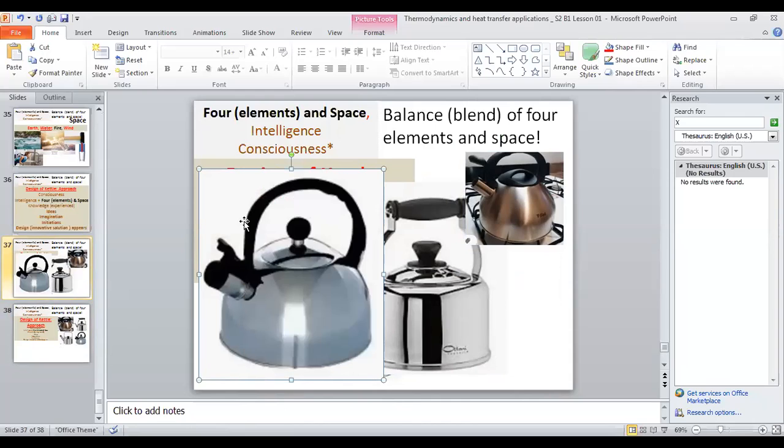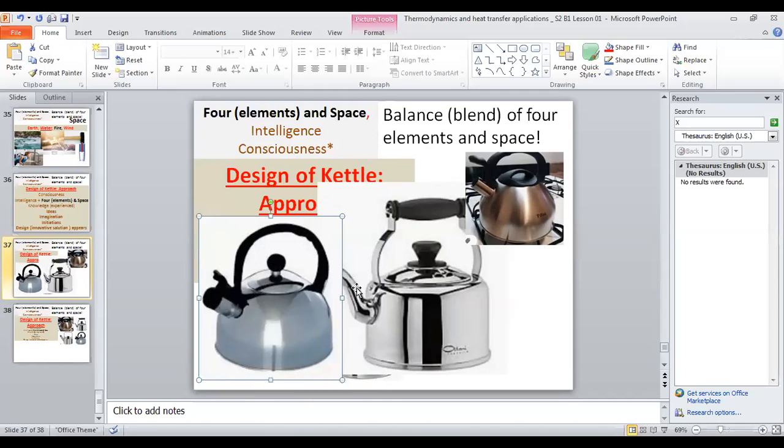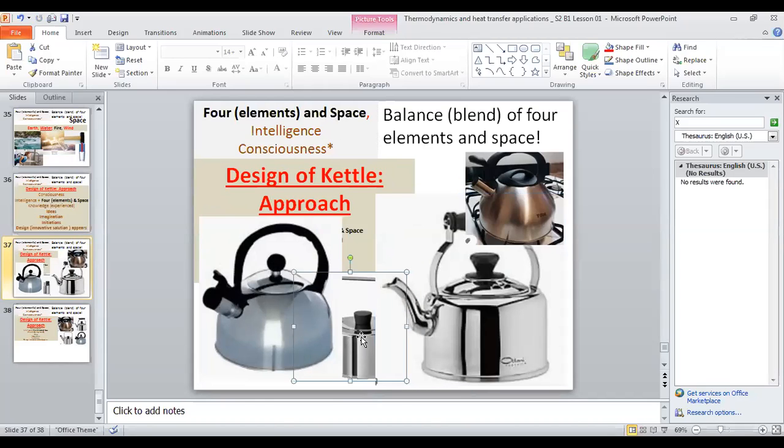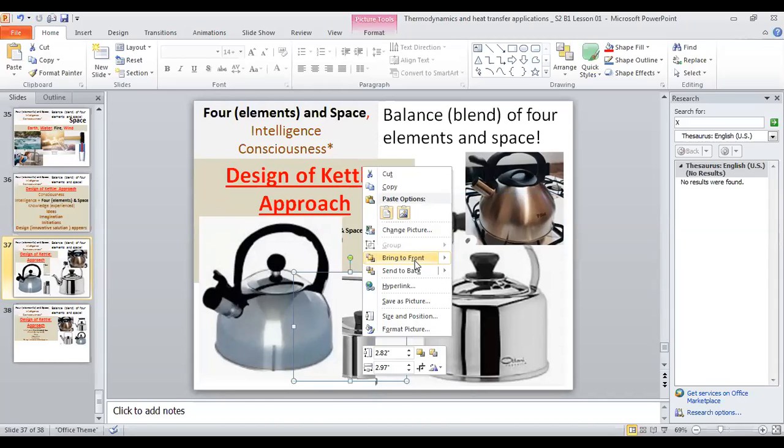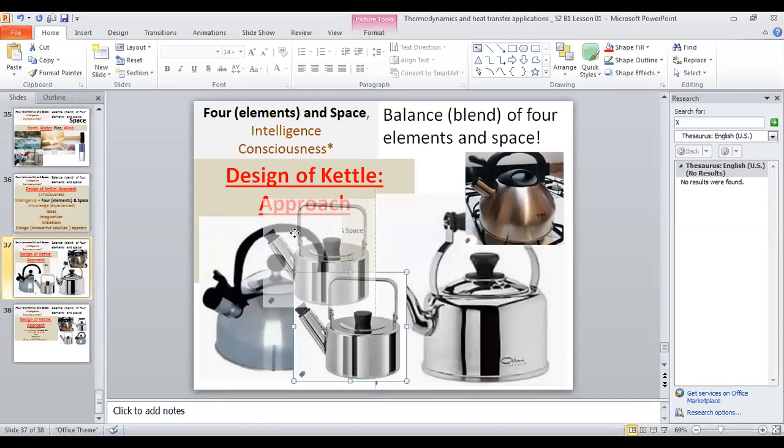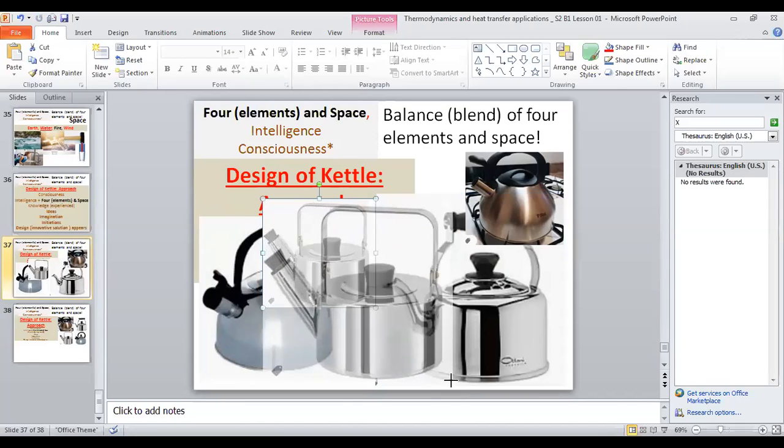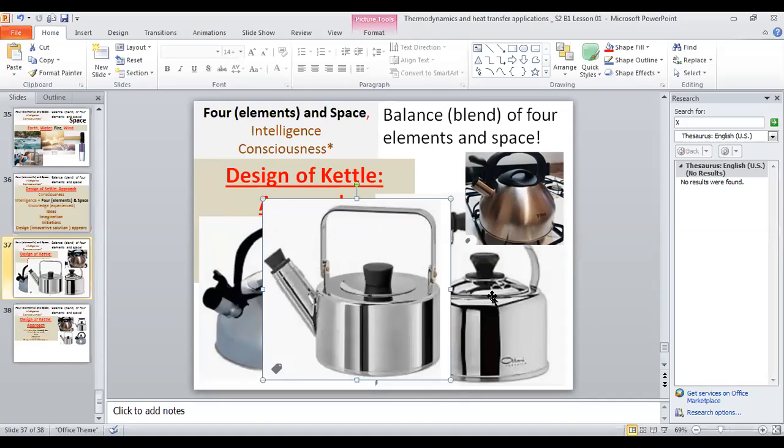But anyway, same function, but there should be a lot of differences. And the third one is this one. It's another design. This is how it is.